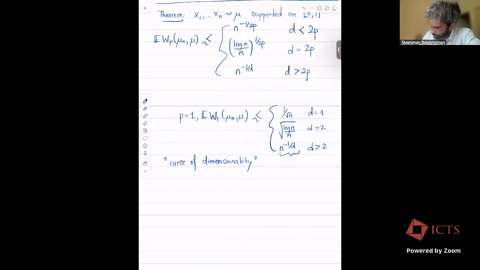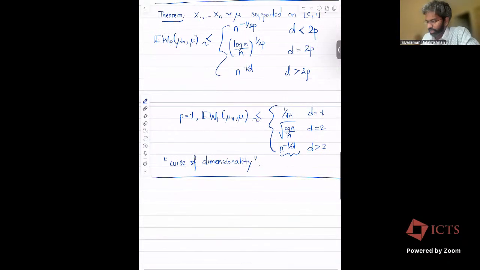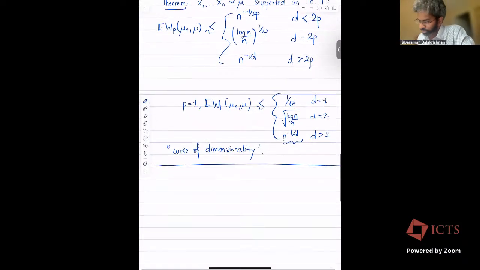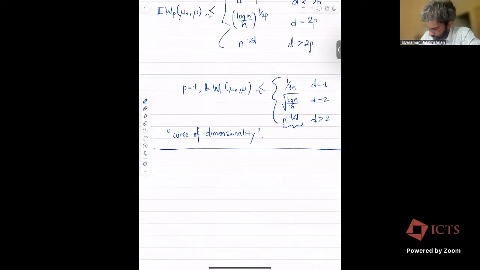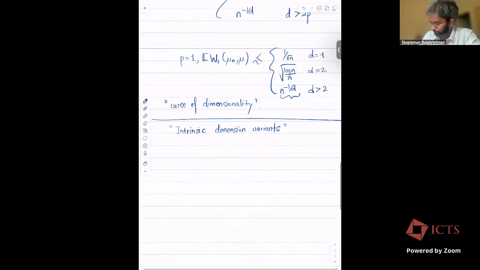All right, so then let me just tell you a few other variants of these types of results. Maybe these are somewhat pessimistic results, but you can get slightly more optimistic results in some cases. Again, this is a relatively large literature, but there are many intrinsic dimension variants. So what does this mean?